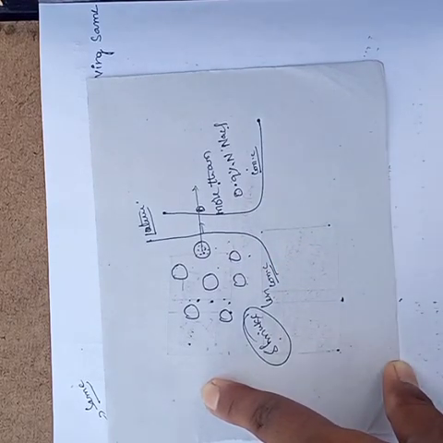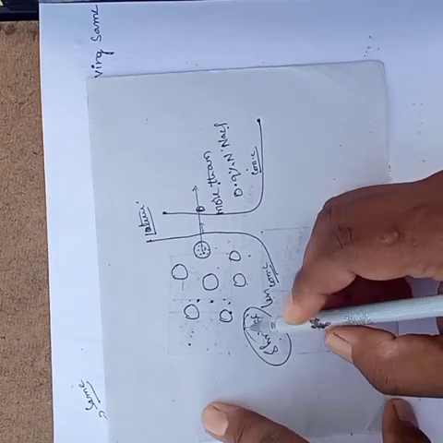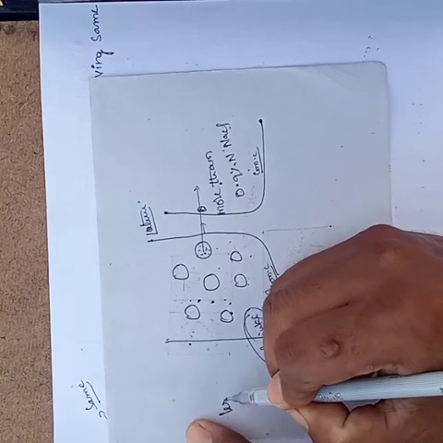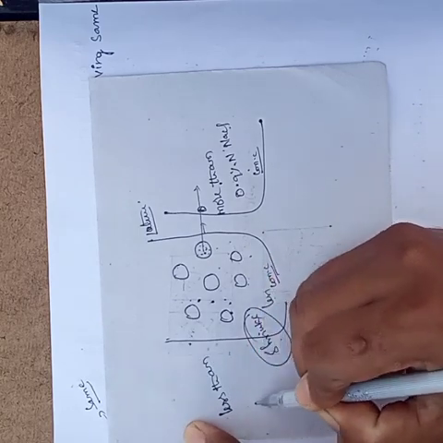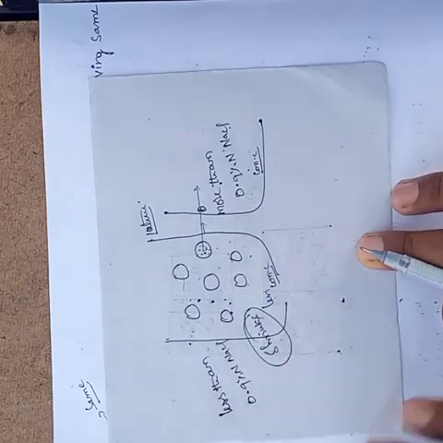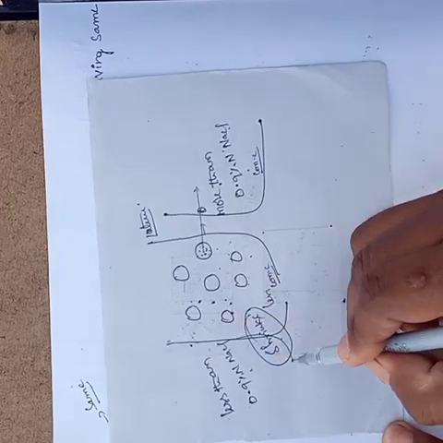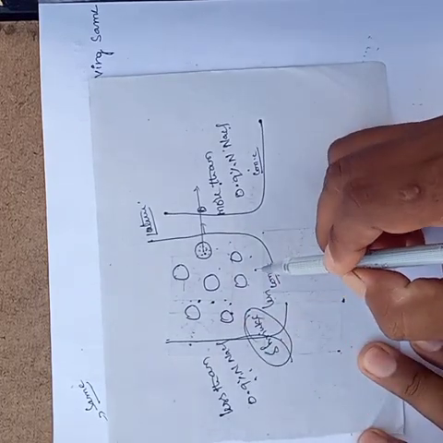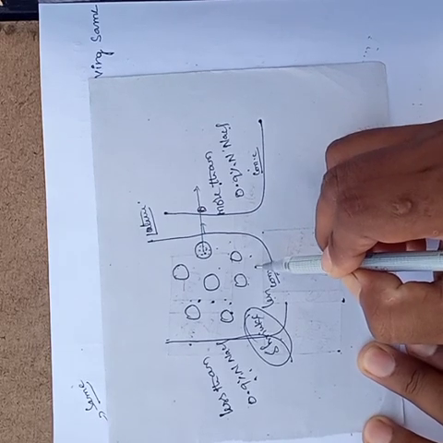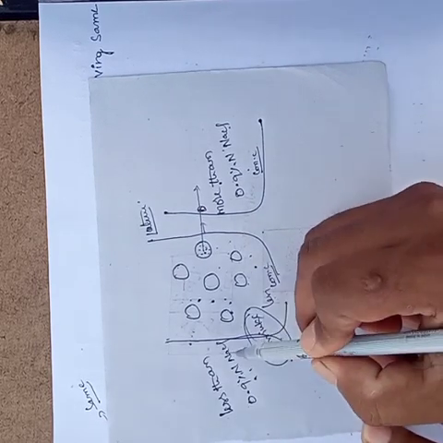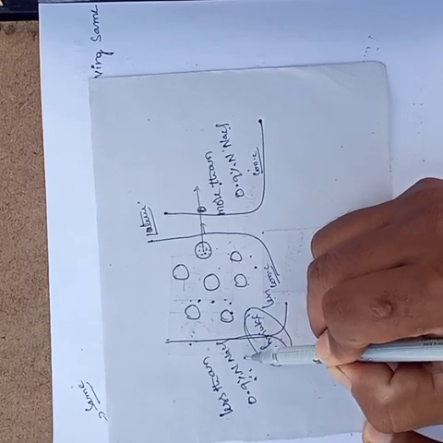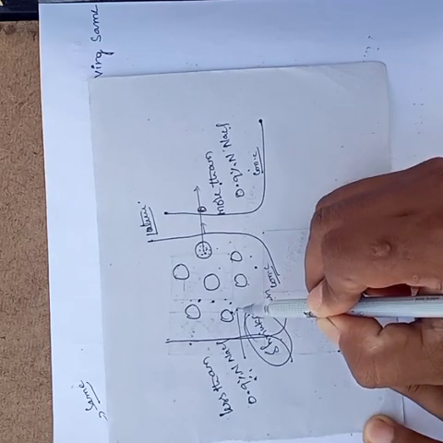And if you keep these RBC cells in a less concentrated solution, for example less than 0.9% normality of sodium chloride, what happens? This solution has less concentration and the RBC cells have more concentration, so the solvent molecules will flow from the less than 0.9% normality sodium chloride into the RBC cells.